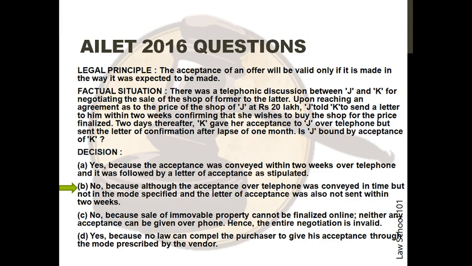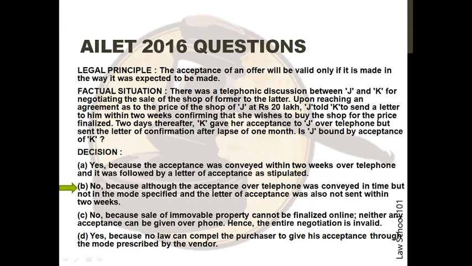The answer options are A. Yes, because the acceptance was conveyed within 2 weeks over telephone and it was followed by a letter of acceptance as stipulated. B. No, because although the acceptance over telephone was conveyed in time, it was not in the mode specified and the letter of acceptance was also not sent within 2 weeks. Option C. No, because sale of immovable property cannot be finalized online.